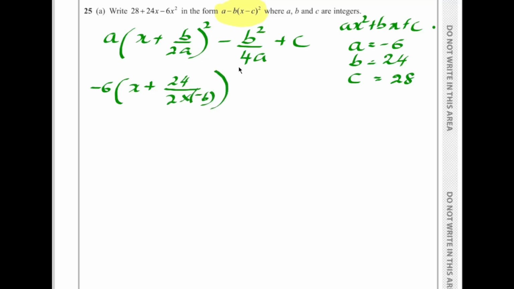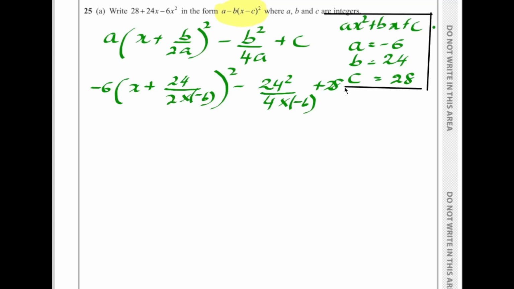Now close the bracket, squared, minus b squared, which is 24 squared, over 4 times a, which is again minus 6, plus c, in this case, 28.